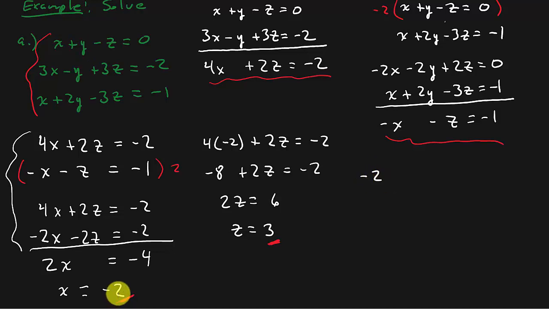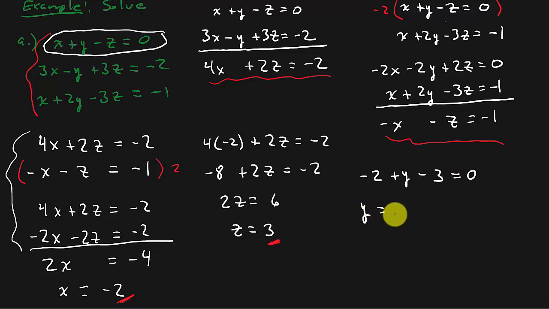I'm plugging the -2 and the 3 into this first equation here. So -2 plus y minus z, which is 3, equals 0. And so that's y minus 5 equals 0, and so y equals 5.